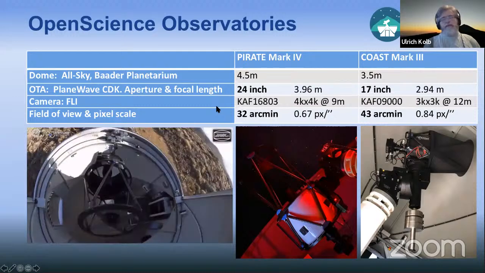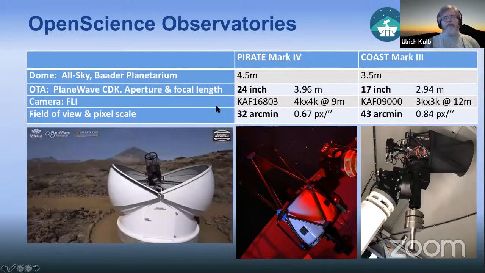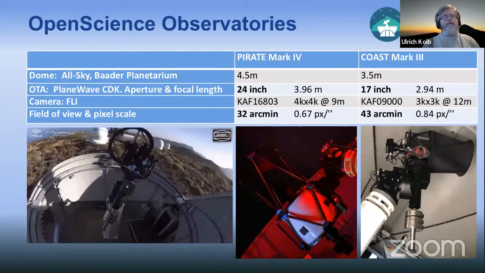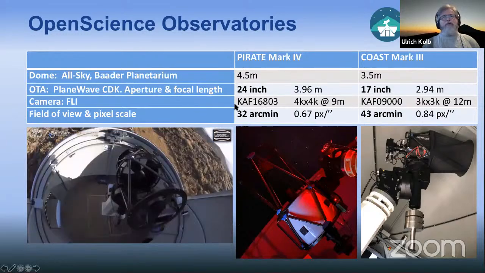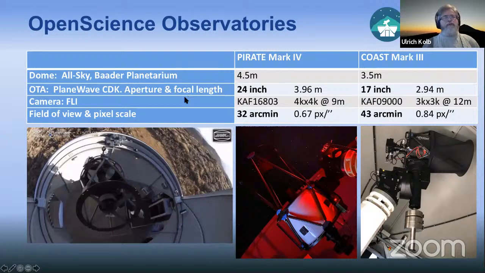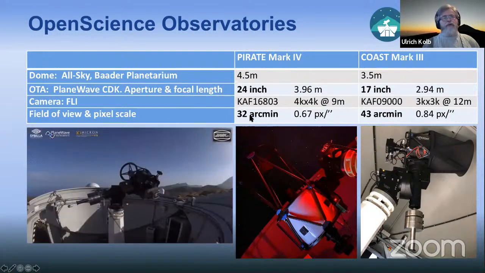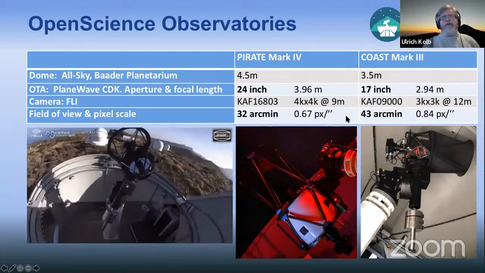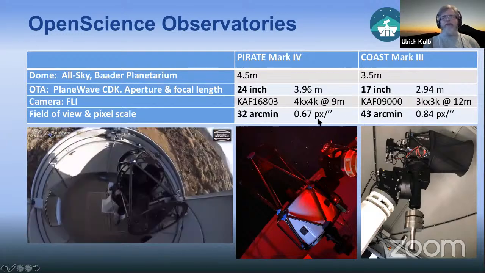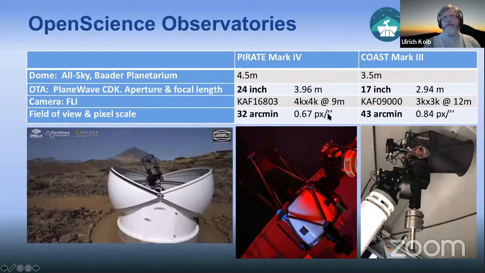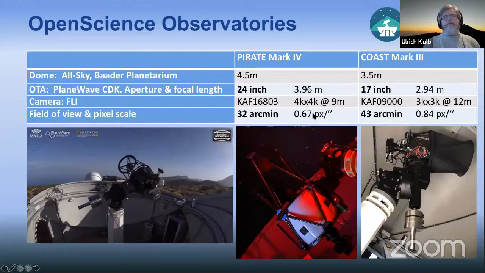The instrumentation is exclusively photometry, so there's a set of photometric filters, and the camera is of the type Finger Lakes camera, giving a field of view here of 30 arc minutes or so and 40 arc minutes there, with a pixel scale of just below 1 arcsecond per pixel. Sorry, it should be arcsecond per pixel, of course.